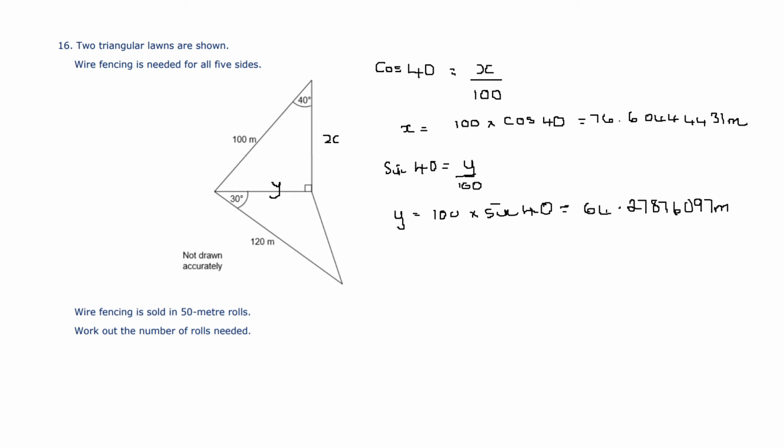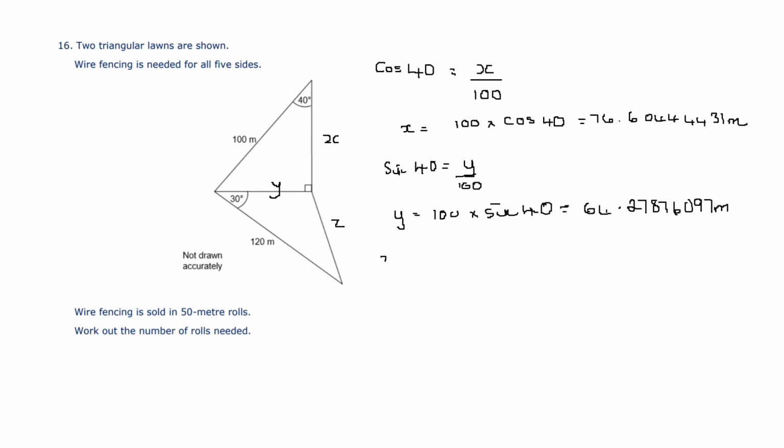Now I need to find this side, which I'm going to call Z. Now I can't use right angle trigonometry here, but I know the length of this side is 120. I know the length of Y is 64.27876097, and I've got the included angle of 30 degrees, so I can use the cosine rule.